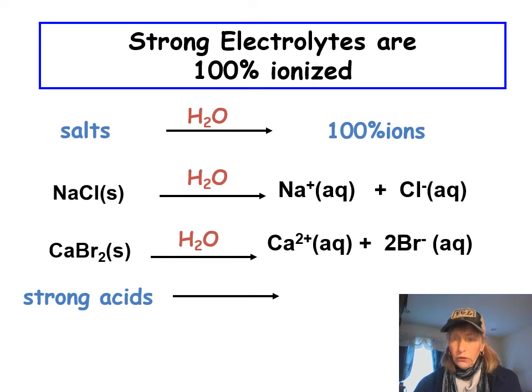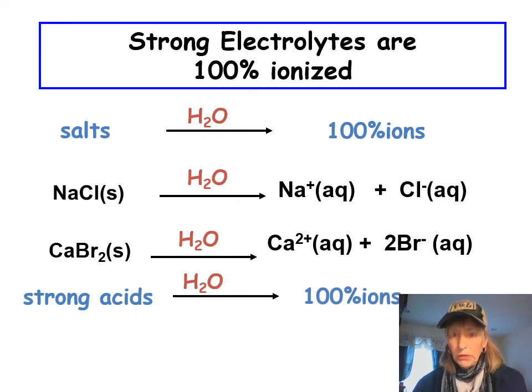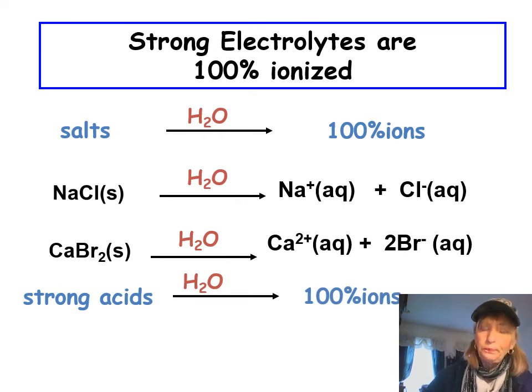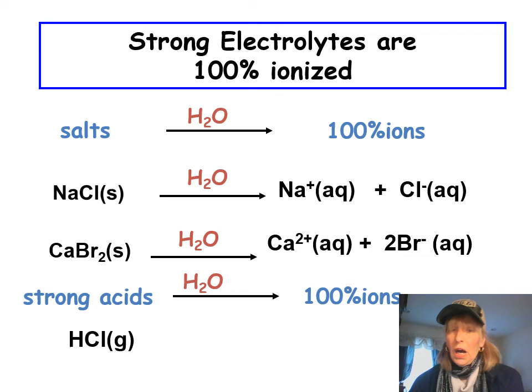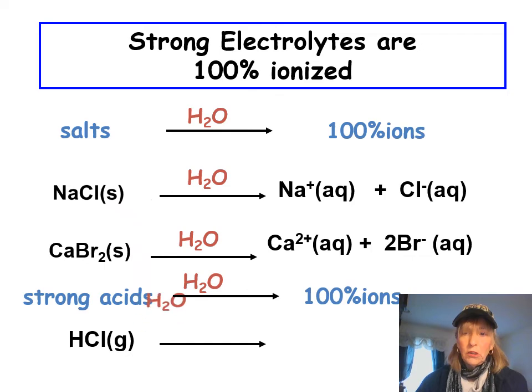Strong acids, when we place them in water, just like the salts, give us 100% ions. An example, HCl. When we take HCl gas and dissolve this gas in water, we get 100% ions.